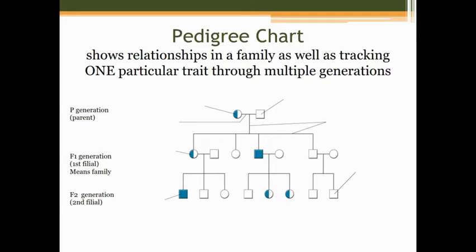This diagram here is showing a pedigree chart. Pedigree charts are used to show family relationships and allow us to track one particular trait that exists within a family through multiple generations. The generations are denoted over here on the left. There's a P generation, which is the parent generation, shown as the first individuals that crossed.